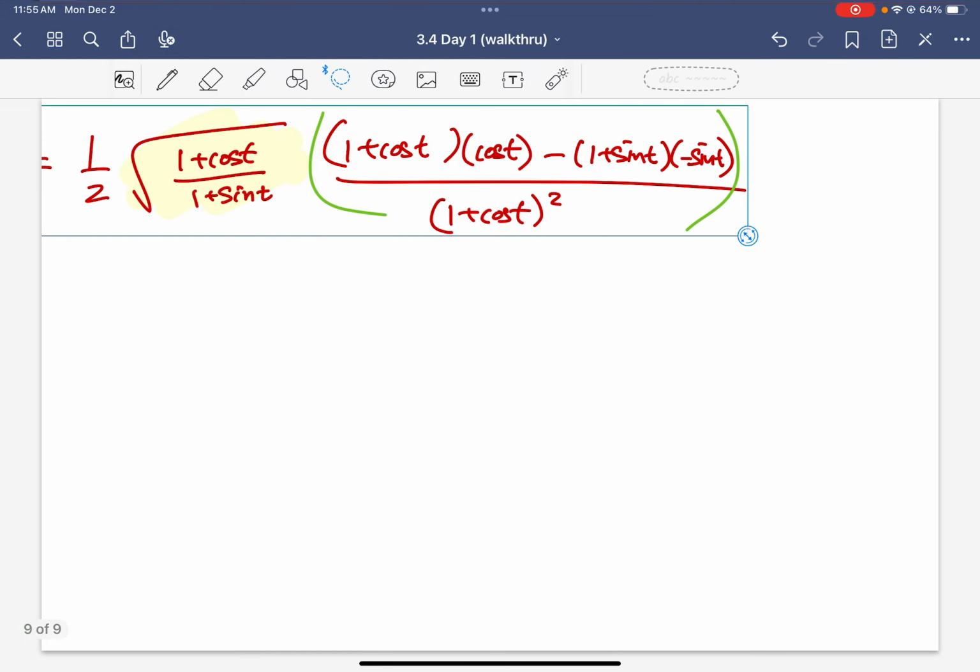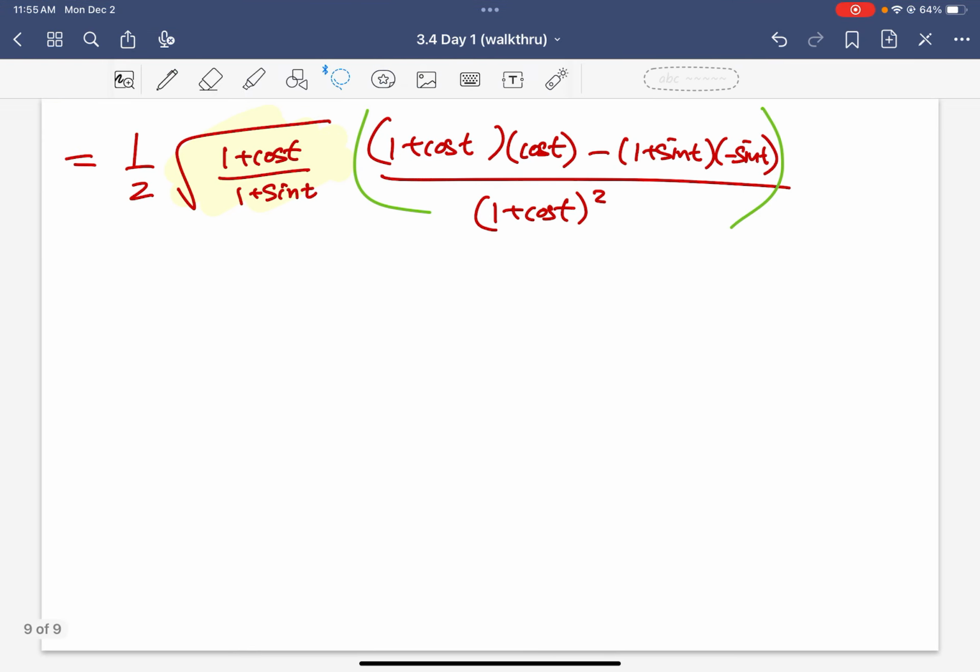So let's practice simplifying. So with this one, do you see that we're going to get inside here cosine plus cosine squared? And here, when we distribute this in, it is going to be negative sine minus sine squared.